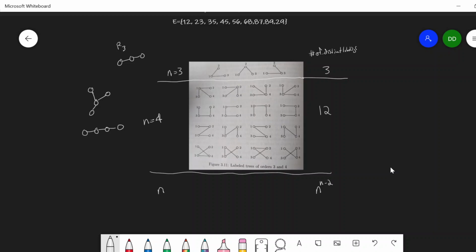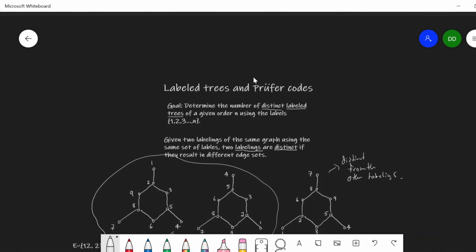Cayley is famous from algebra in particular, and he was working with graphs because of chemistry. But the proof we're going to look at is by Prufer. So that's the proof we're going to look at, Prufer's proof. What a great name for a mathematician, Prufer.